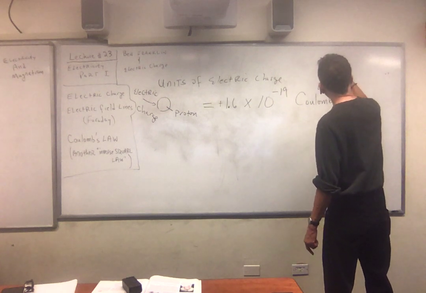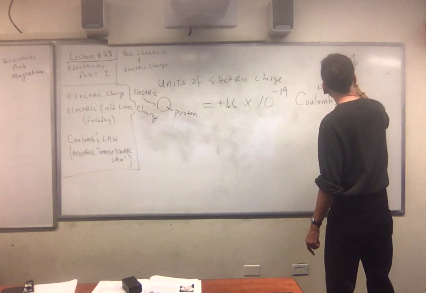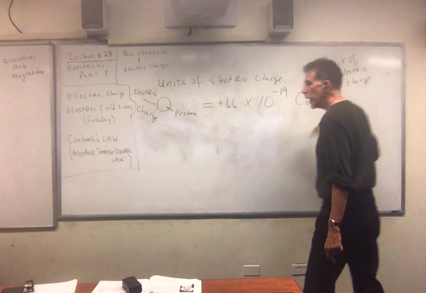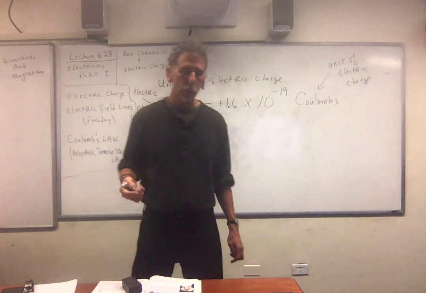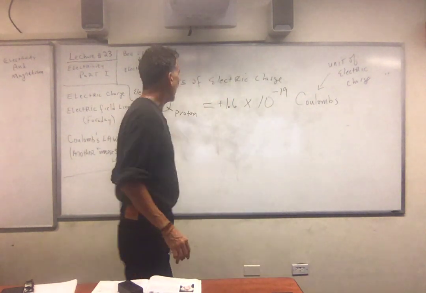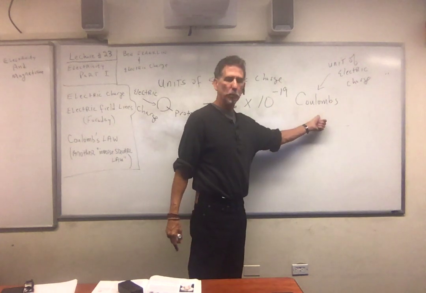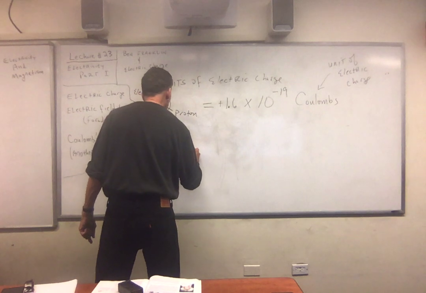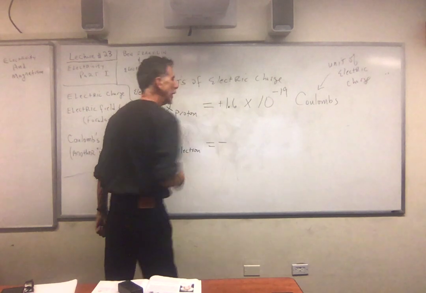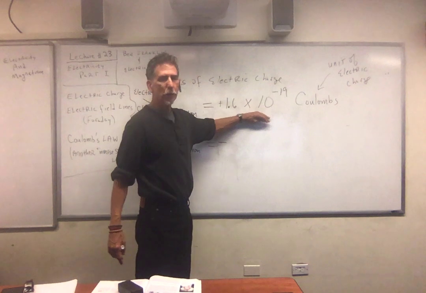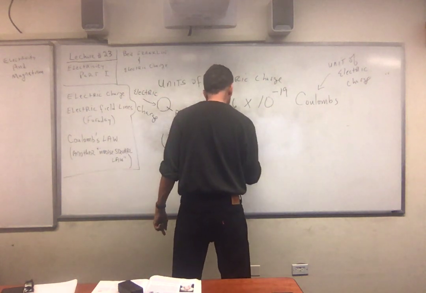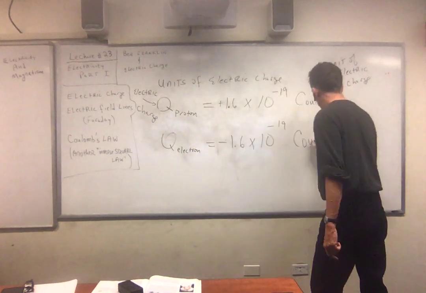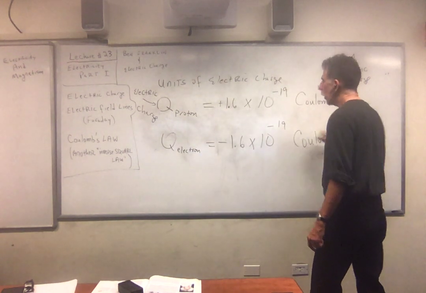So I'm going to write here, unit of electric charge. Remember, energy is measured in calories or in joules, force was in newtons, and here electric charge is in coulombs. Okay? The charge of an electron is minus, but the magnitude is exactly the same, 1.6 times 10 to the minus 19th coulombs. Notice they would cancel out.